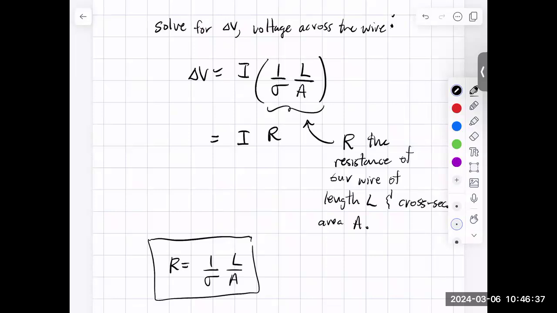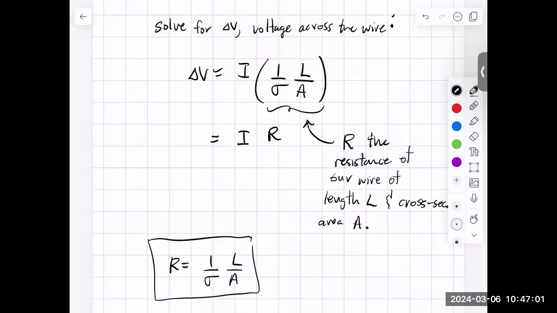There's also a factor of 1 over A. So that means when the area gets small, the resistance gets large. Again, you can think of your milkshake. If you want to suck your milkshake through a fat straw, you're going to get more of it more easily than if you try to suck it through a very narrow one. And the same thing happens for trying to push charge through wires.